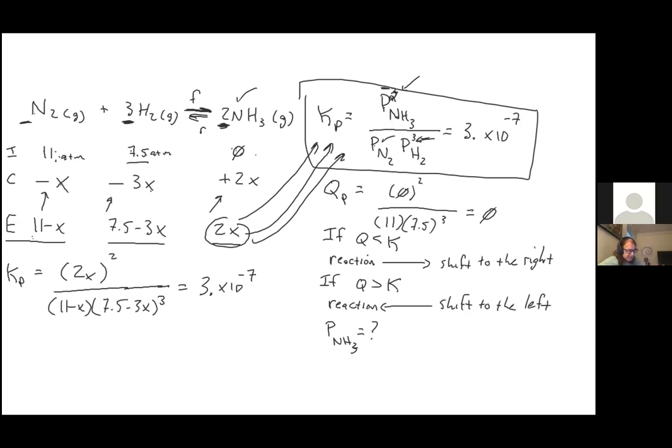And here's why. At equilibrium, 2x is the pressure of ammonia. So if you can solve for 2x, you can solve this problem. Now here's the challenging difficulty of this. There's some pretty big exponents that make this algebraically a difficult problem to solve.